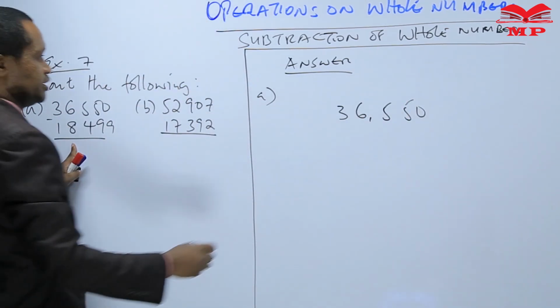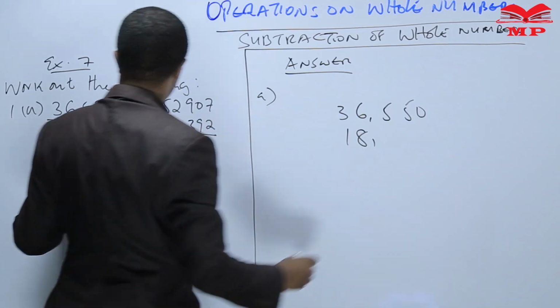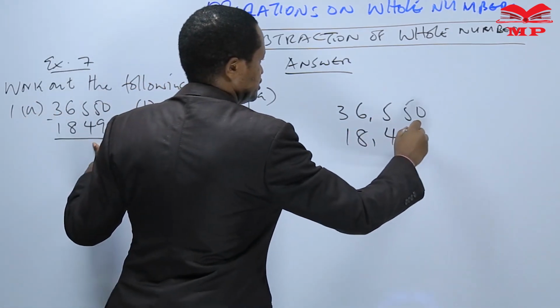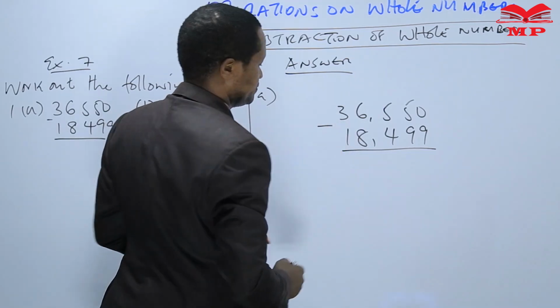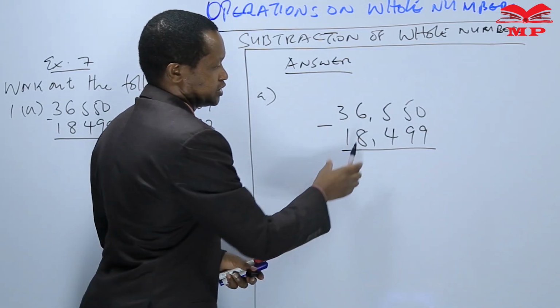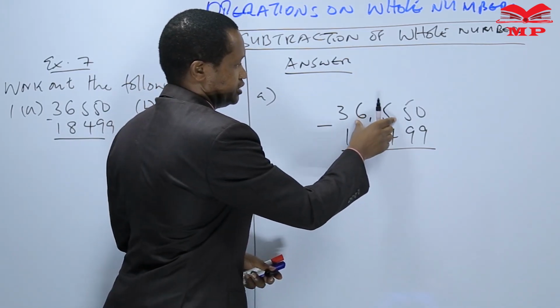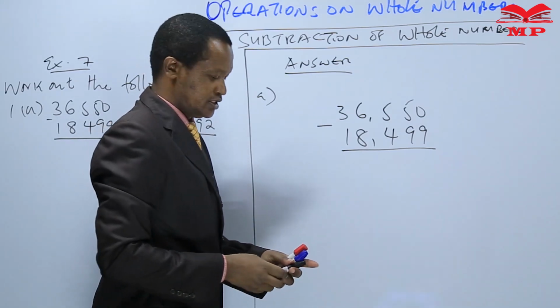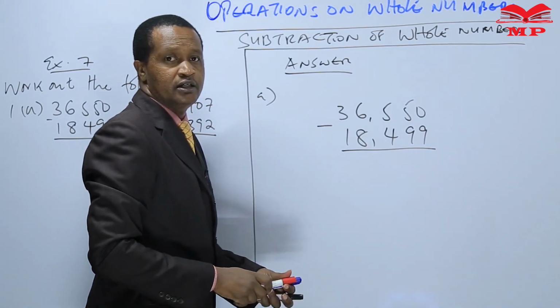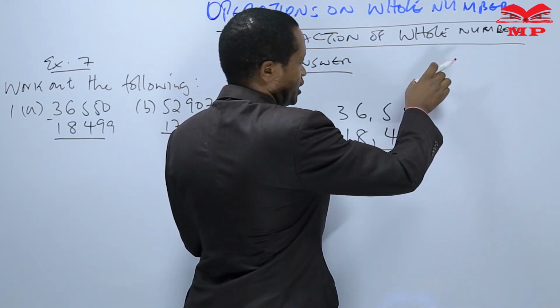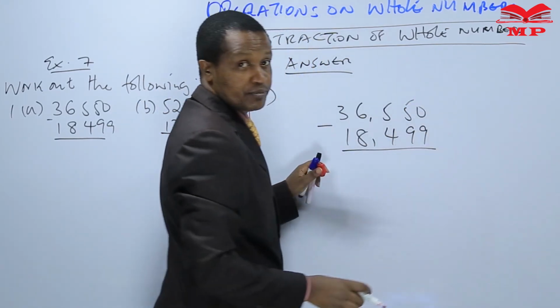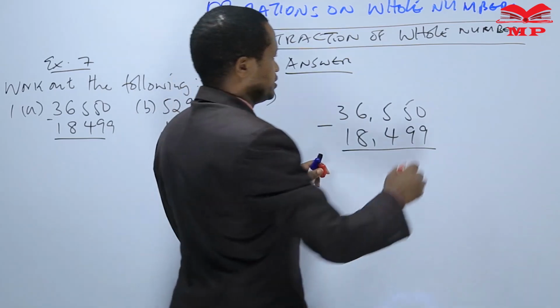36,550 minus 18,499. So we want to subtract this number from this number. And just like in addition, we subtract the ones first, the place value of ones.